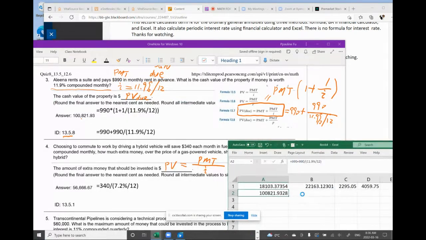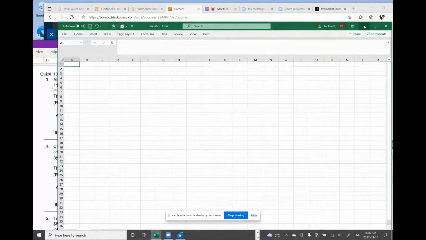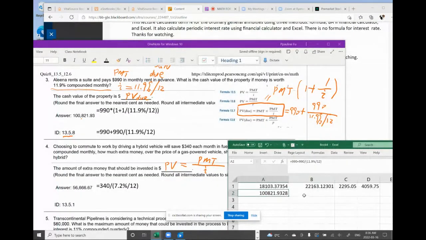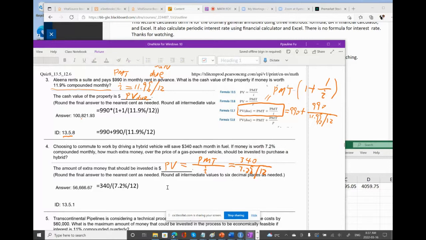So I'm going to, so equal 340 over bracket 7.2% over 12 closing bracket. So this is the answer. Okay. Any questions?